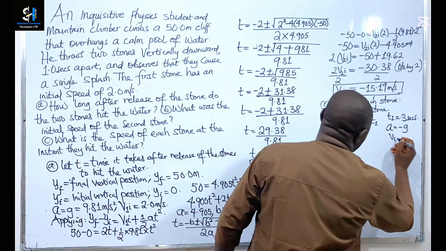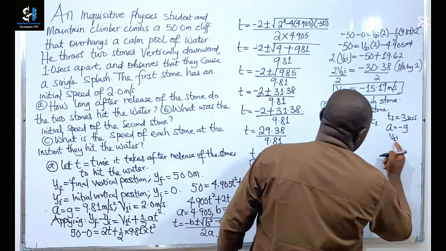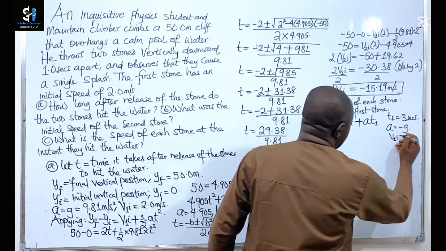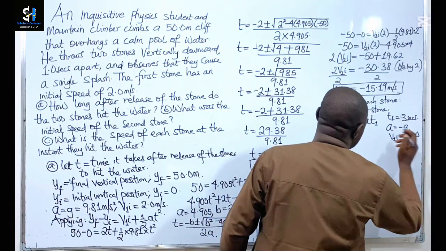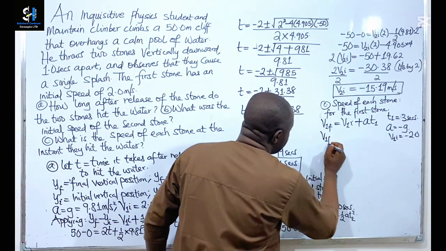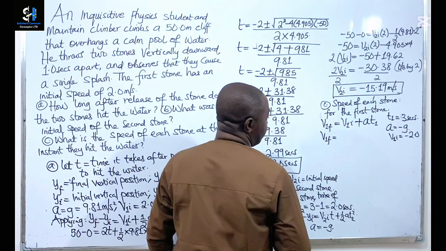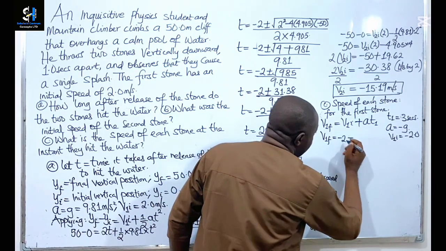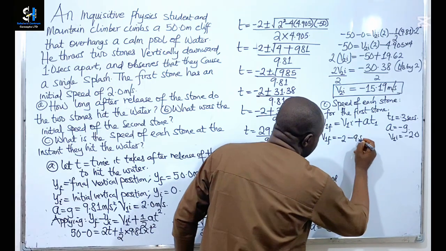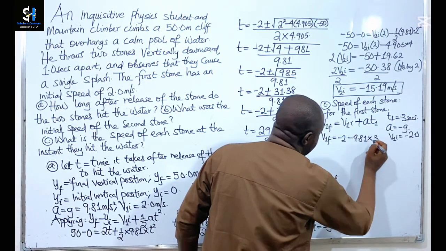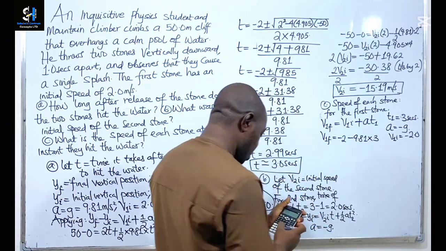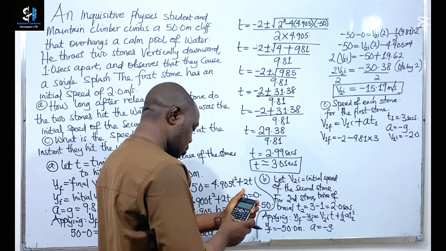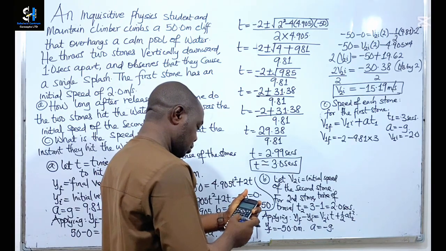The value of a in this case will be negative, and the initial speed of the first stone, V1I, will be -2.0. So the final speed of the first stone will be -2 minus, because the acceleration is negative, 9.81 multiplied by 3.